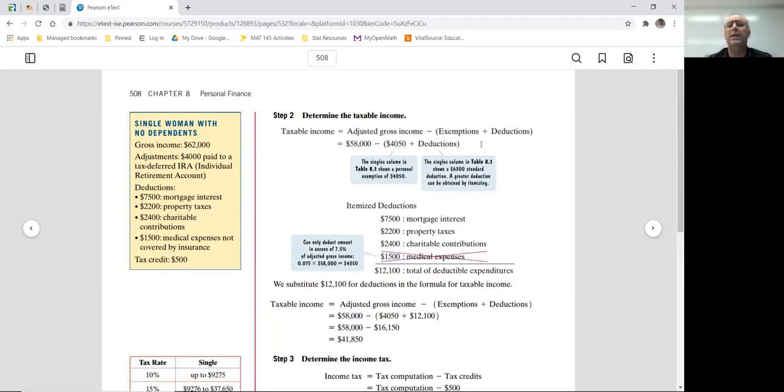So we need to determine whether her itemized deductions are more than the standard deduction. The textbook does the total of her itemized deductions. She doesn't get to use her medical expenses because she didn't have enough medical expenses. So her total itemized deductions would only be $12,100.